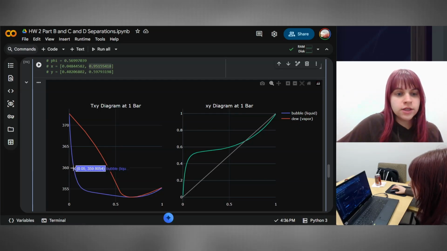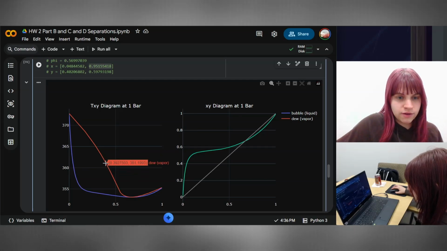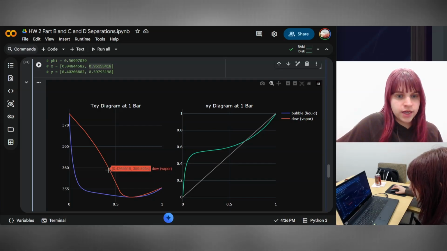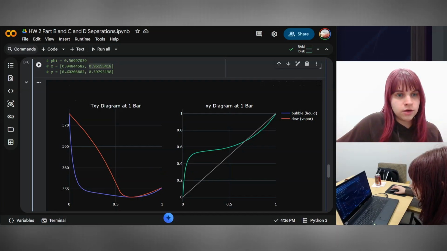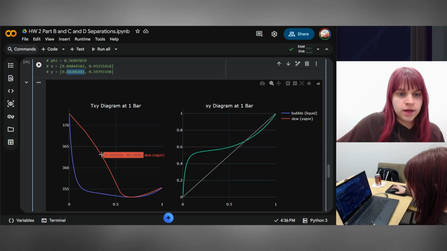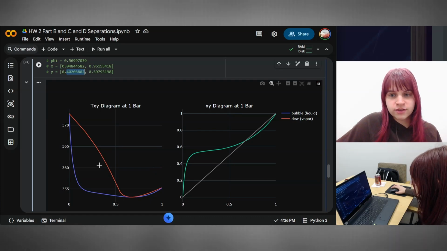That was our liquid, and if we do the same thing again, then we see with 360 Kelvin, again, this is not exact, I don't have all of the points on here, but between 0.39 and 0.43 is what our vapor composition is, and up here we calculated it to be 0.402, so that is between those points, and that also checks out.